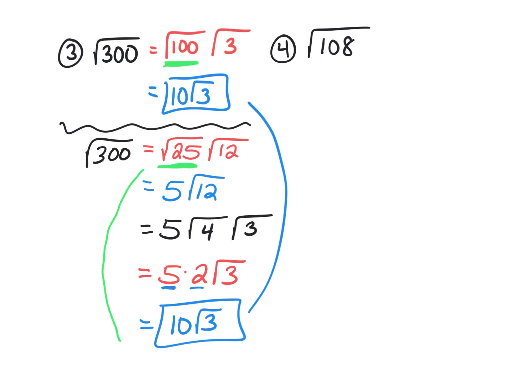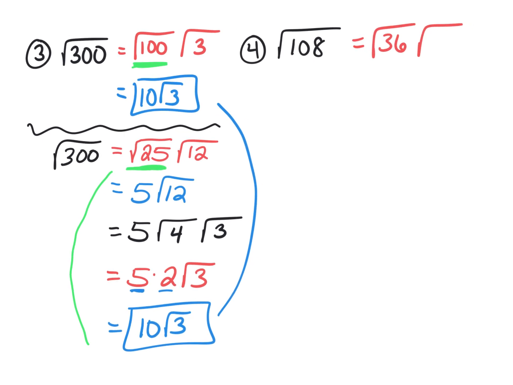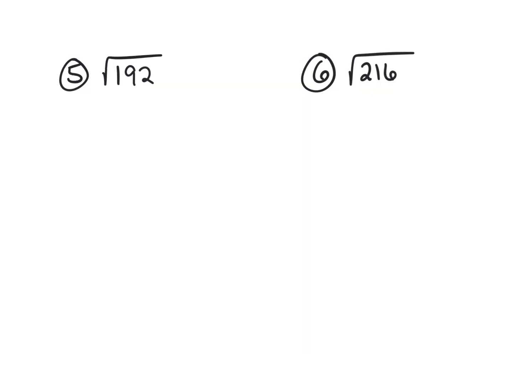So this simplifies into 36 and how many times did it go in? 3. So now simplify. What's the square root of 36? 6. Square root of 3. Remember, you just simplify the good radical and you keep whatever's left. All right, again, first thing you ask, is it a perfect square, yes or no? No. So now, again, it's a guess and check game, but what eliminates some of your possibilities? What can give you a starting point?